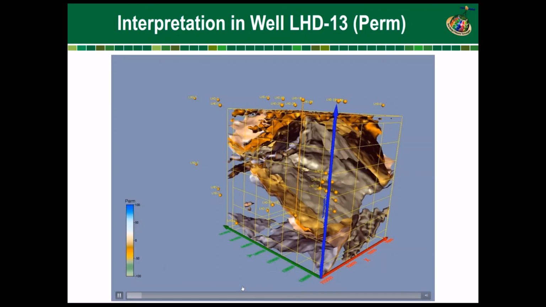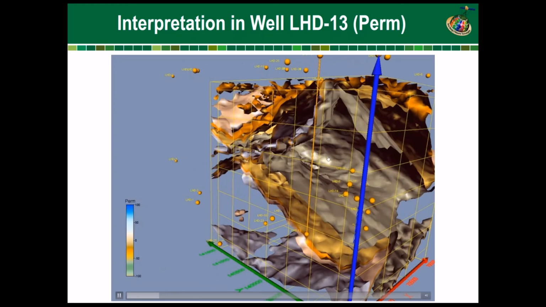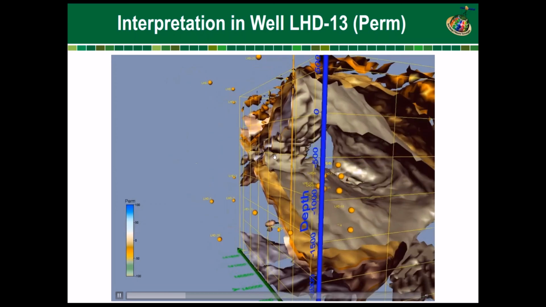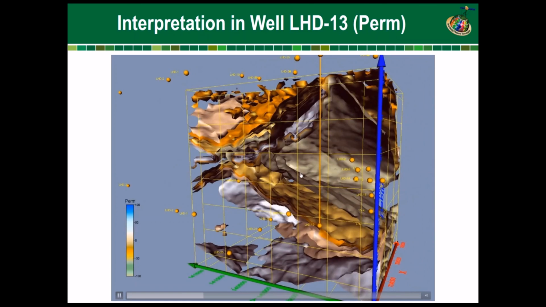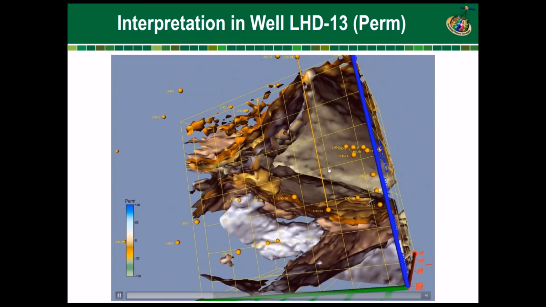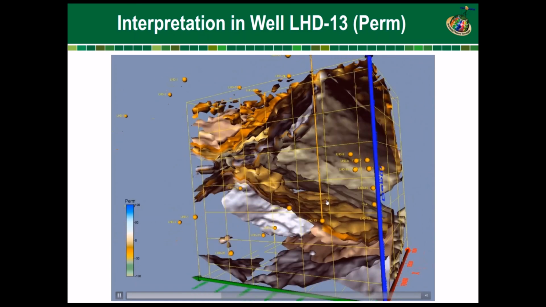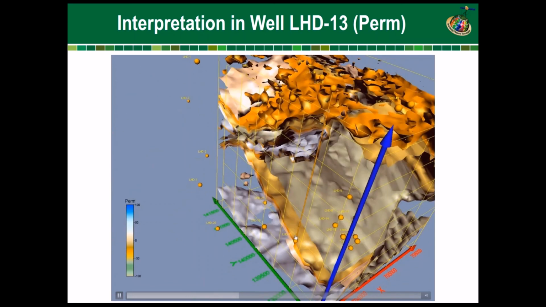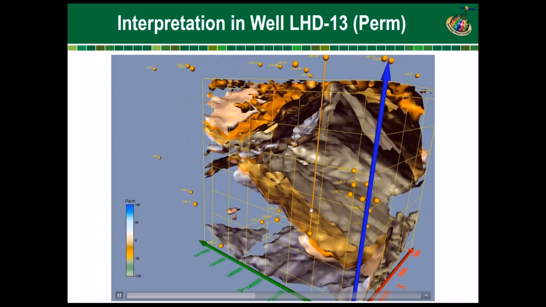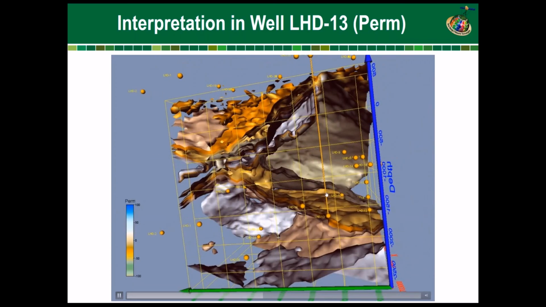Let's examine the permeability cube within well 13. If you remember, the main reservoir has decent, medium permeability characteristics. The bottom part of an additional reservoir actually does not have good permeability characteristics.